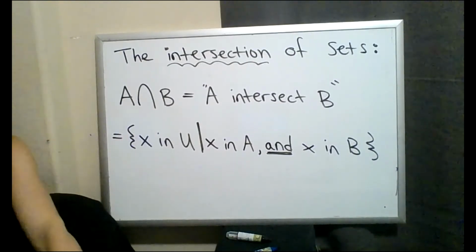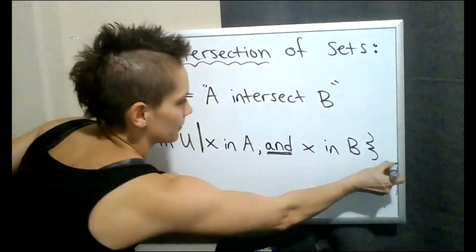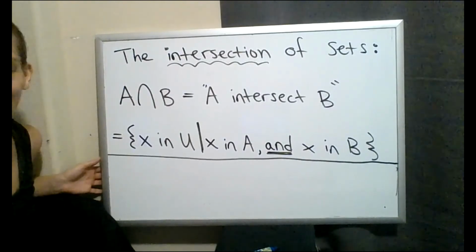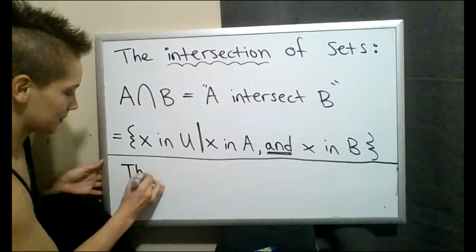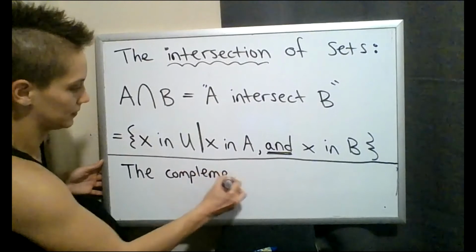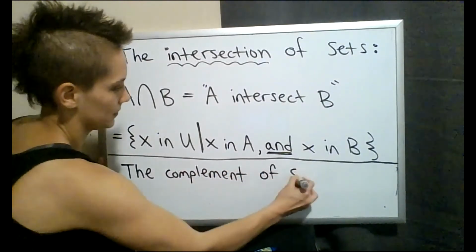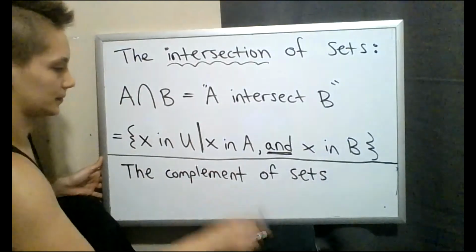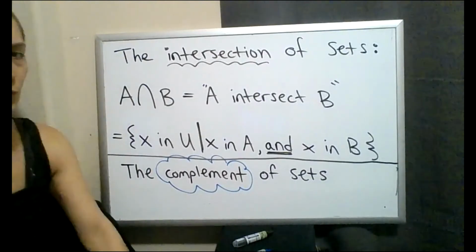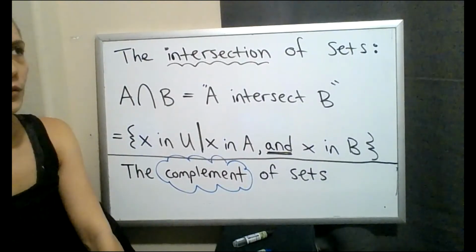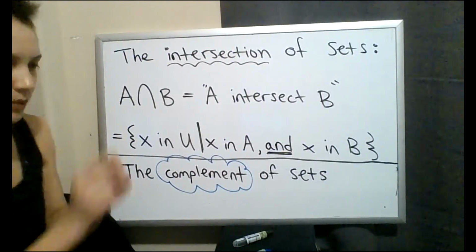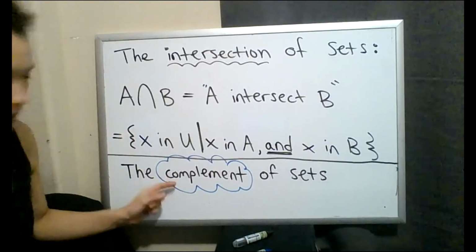Okay, last one is the complement of sets. So it has a superscript C. When you see a capital C, it's representing complement.